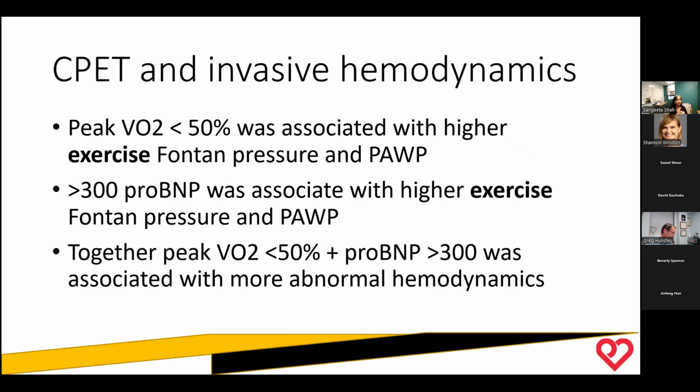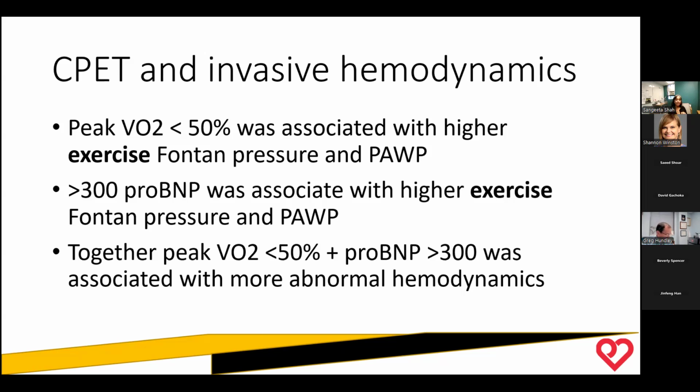So what they were able to show is that if a patient had a peak VO2 percentage of less than 50, it was associated with a higher exercise Fontan pressure and wedge pressure. If they had a proBNP greater than 300, this too was associated with a higher exercise Fontan pressure. Together, if they put the peak VO2 with the proBNP, these individuals had more abnormal hemodynamics.